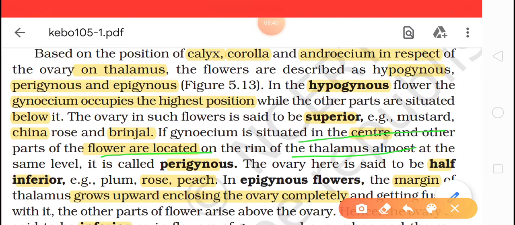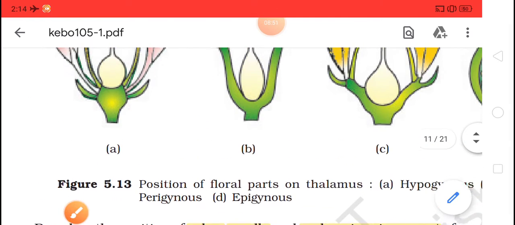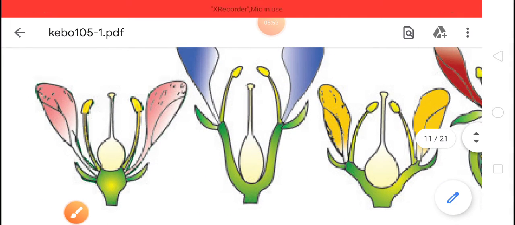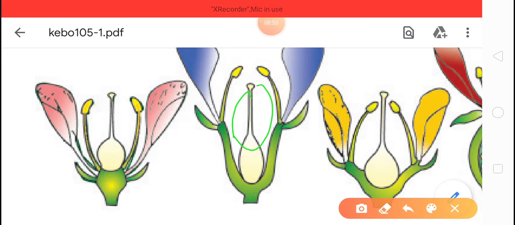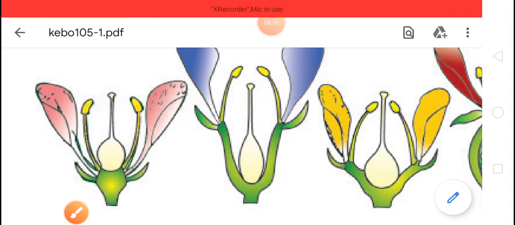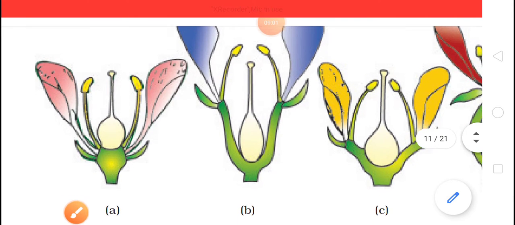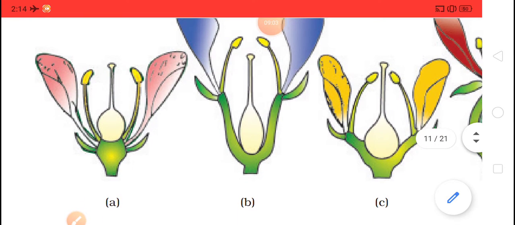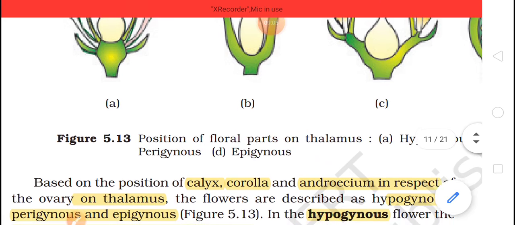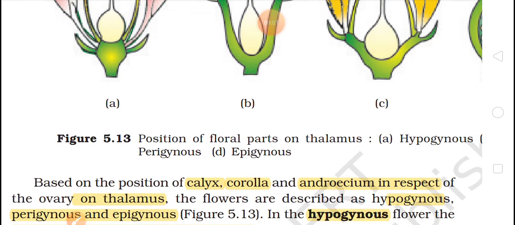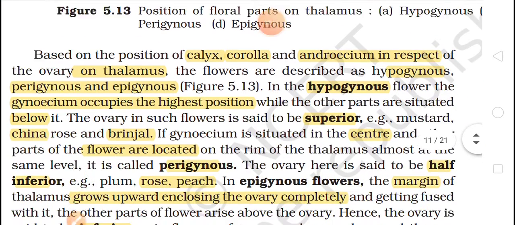The ovary of this type of flower is half inferior, as seen in rose and peach. See the picture. So basically the gynoecium is in the center in perigynous, and the ovary is half superior. Examples of perigynous are rose and peach.